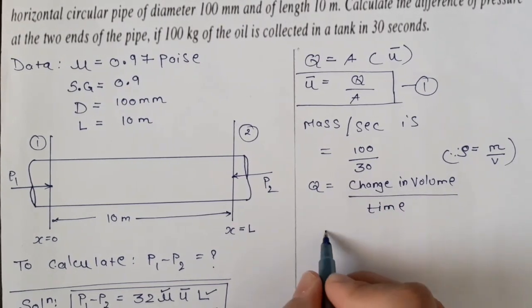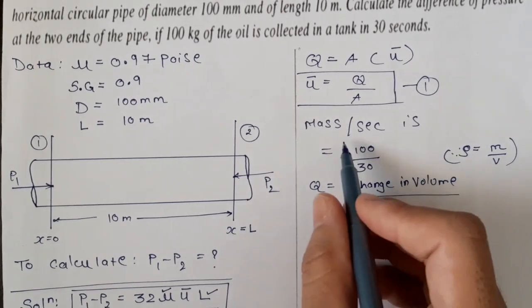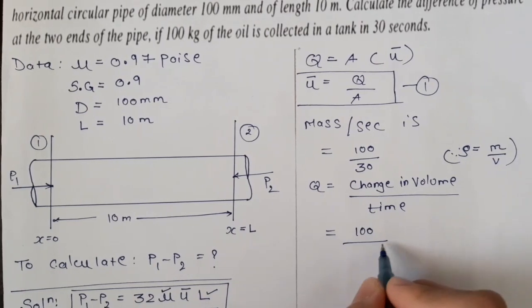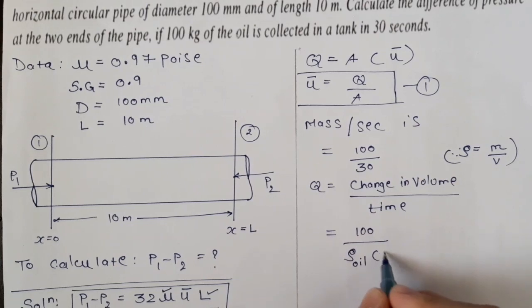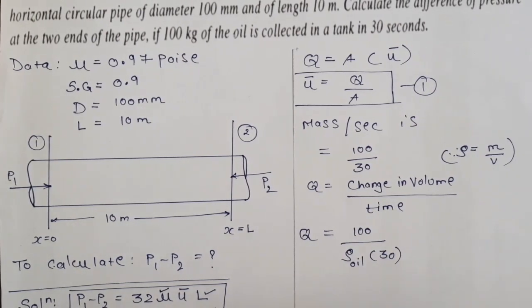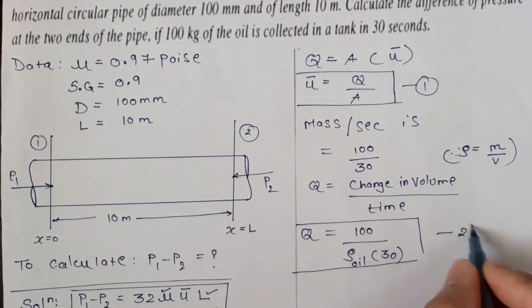So what is the volume? Volume will be mass by density. So here mass is given, that is 100, by density, that is here density of oil, and time is 30 seconds. So this is Q. I hope you understood this. So let me mark this equation number as 2.